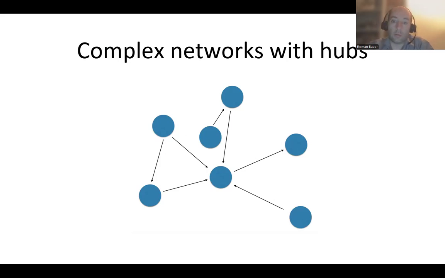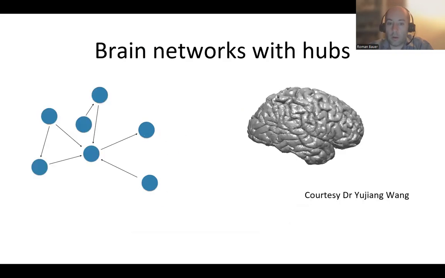and to this end we looked into so-called hubs. So what are hubs? Hubs are nodes in a network that have a lot of connections. So these nodes participate in many links, and the number of those links is much higher than you would expect based on a random regular network.